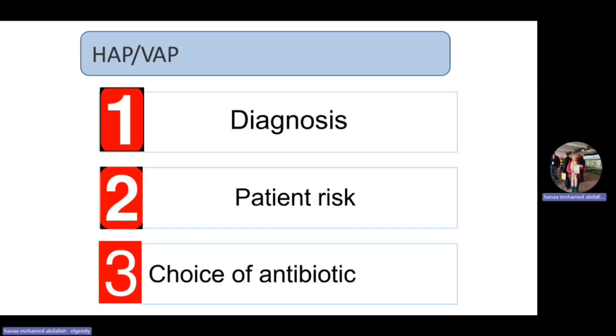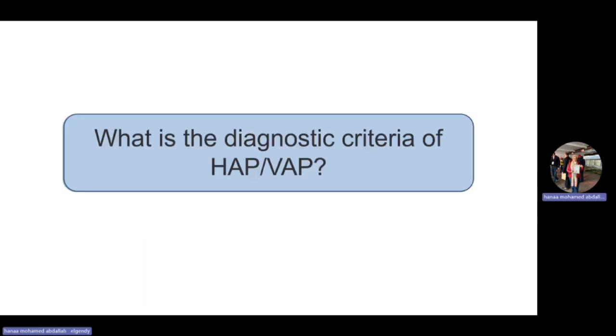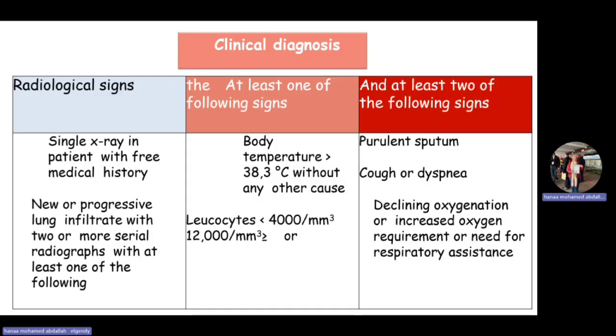So diagnosis depends on the diagnostic criteria of HAP and VAP, which include first the radiological sign, a single X-ray in a patient with free medical history. It's important. So the first patient might be hospital-acquired pneumonia or not, because the chest X-ray was not conclusive.